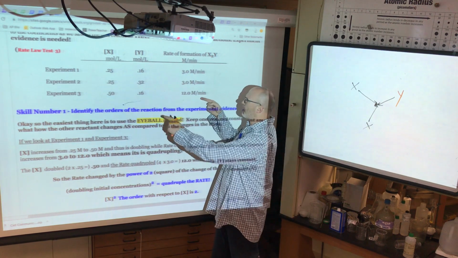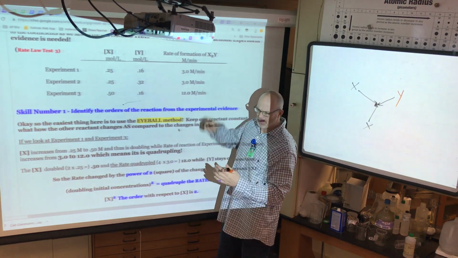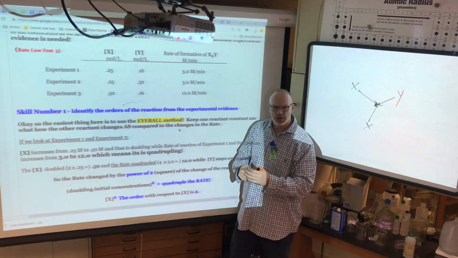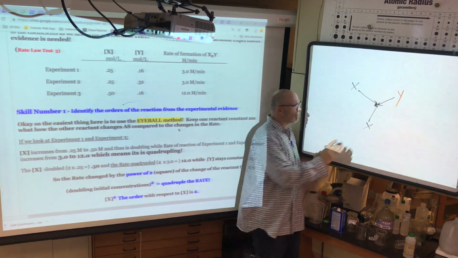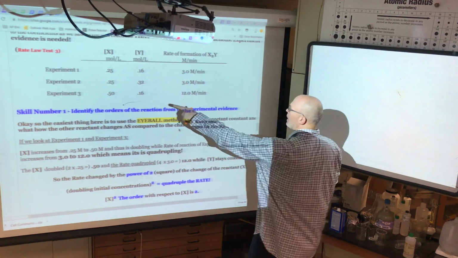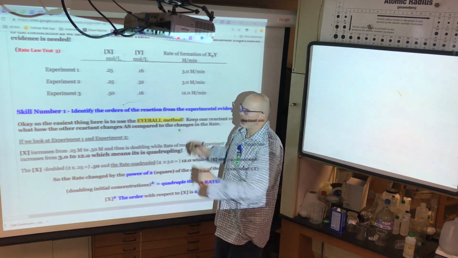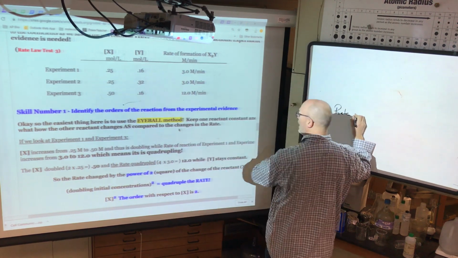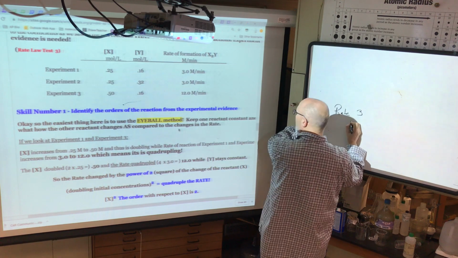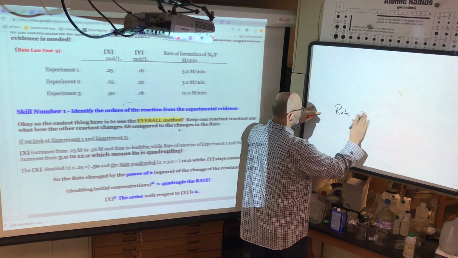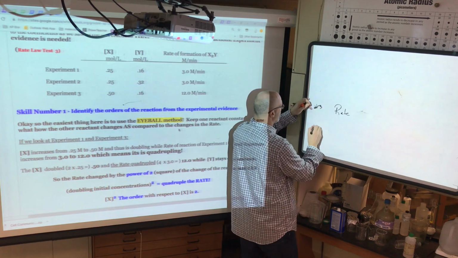I would take experiment 3 and divide it by experiment 1. Did I show you this yesterday? I think so. But for those that didn't see it in the other class, I'm going to compare. I know we can do the math in our head here, but I'm always going to do the bigger one over experiment 1, so number 3 over number 1.